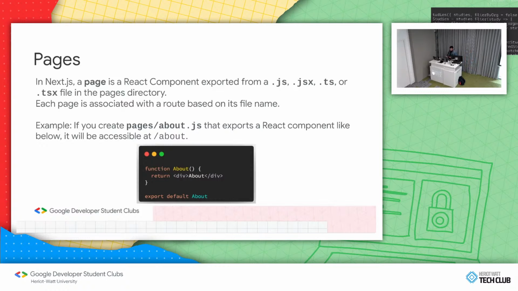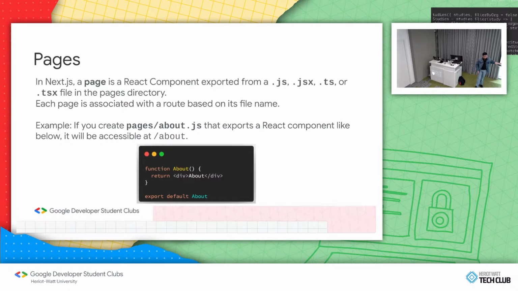For example, you can have a file called about.js that can be present inside the pages folder. We can create a new file, and you can export a simple React component. In that example, you can see there is a function about that has a div. A div is an enclosing tag, and it has the text about inside it. And the last line exports the about function that we just created.